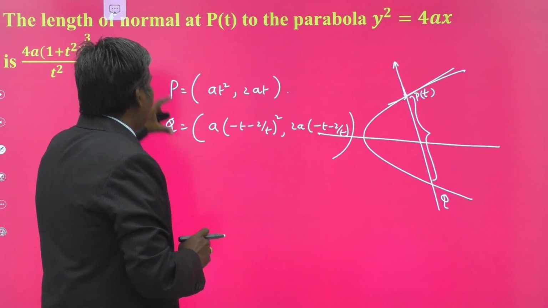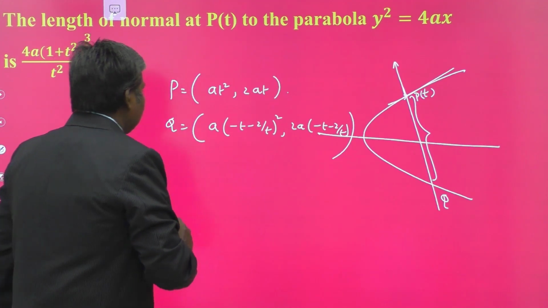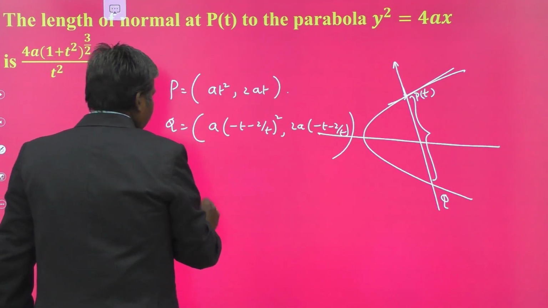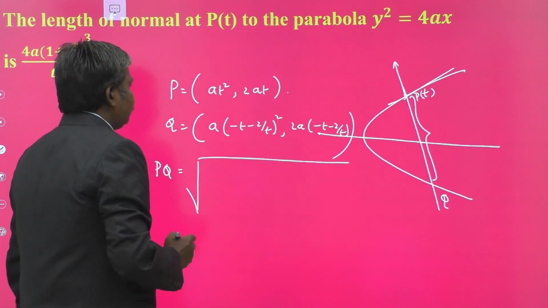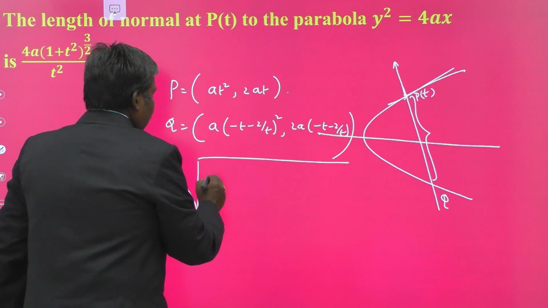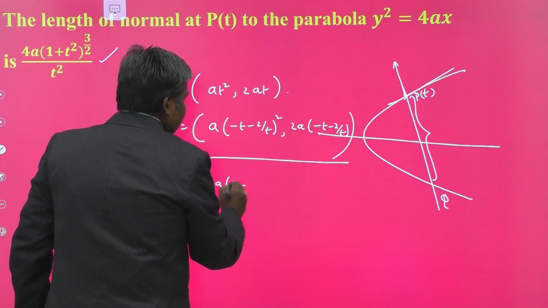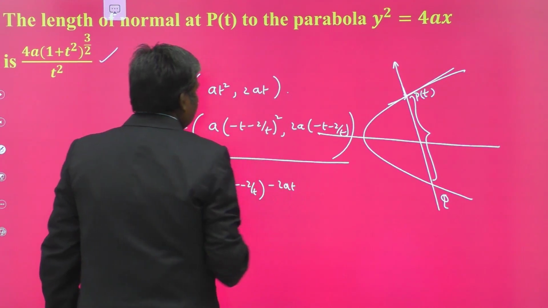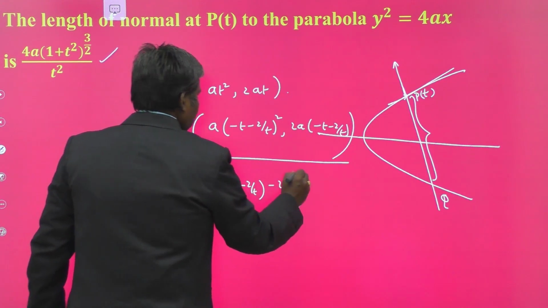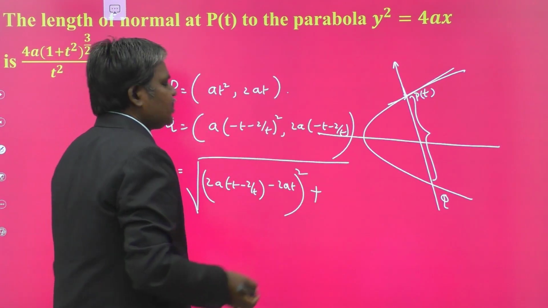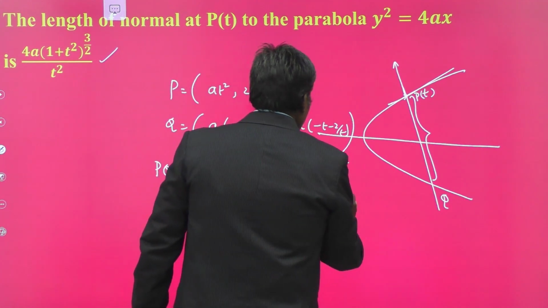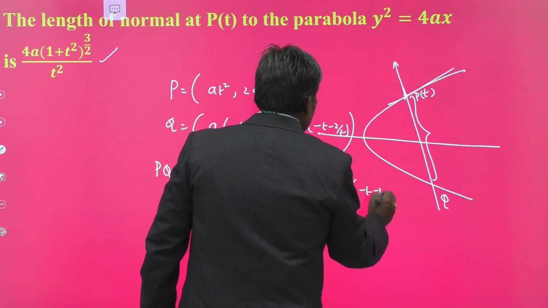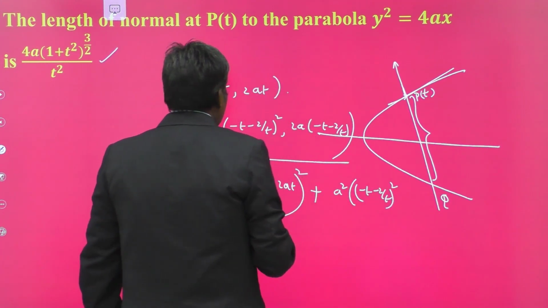These are the coordinates of p, these are the coordinates of q. Your job becomes to find the distance between the 2 points p and q. So pq is equal to the square root of, 2a times (minus t minus 2 by t) minus 2at, whole square, y1 minus y2 whole square, plus x1 minus x2 whole square. That is a square into (minus t minus 2 by t) whole square minus t square.